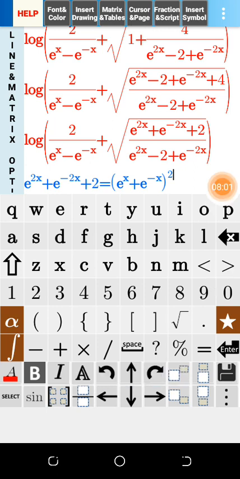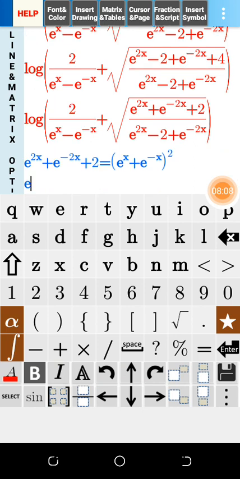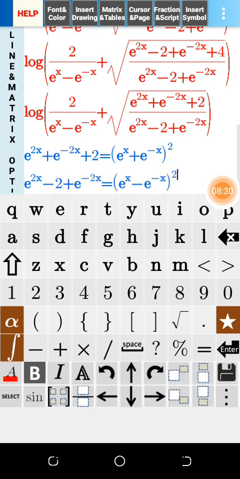So if you expand this, you're going to get this. And if we factorize e raised to the power of 2x minus 2 plus e raised to the power of minus 2x, you will definitely get e raised to the power of x minus e raised to the power of minus x, squared. So we are going to replace each by this. So let's continue.